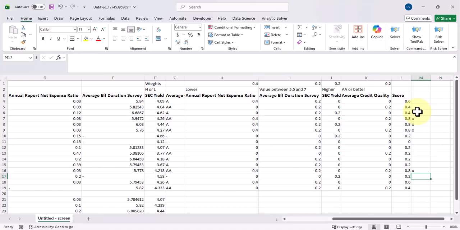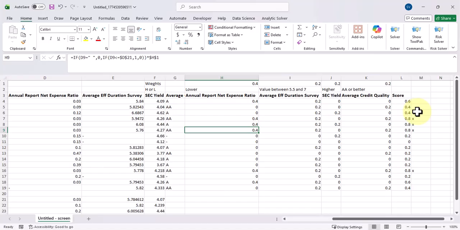3 of these are in the lowest annual expense ratios. And if you find yourself, as you're going through this, saying, you know what, it's not giving me the results that I'm really looking for, that's a good place to stop and indicate whether or not your weights are correct.